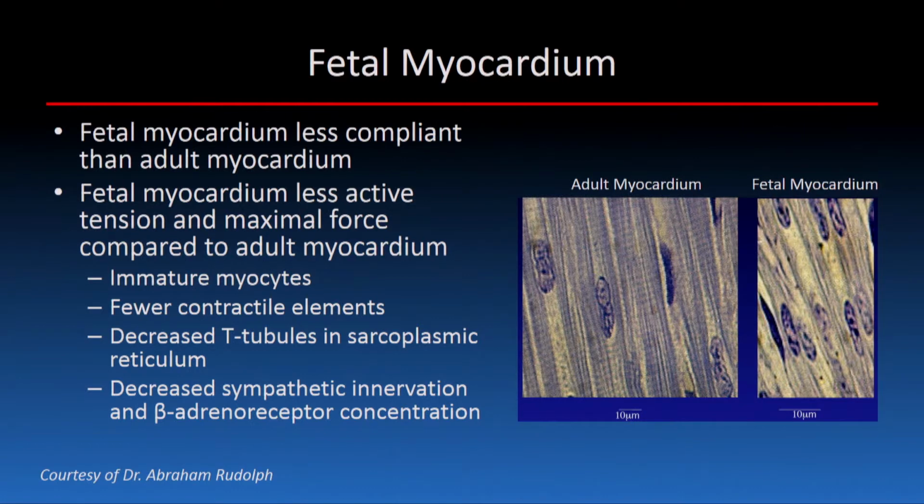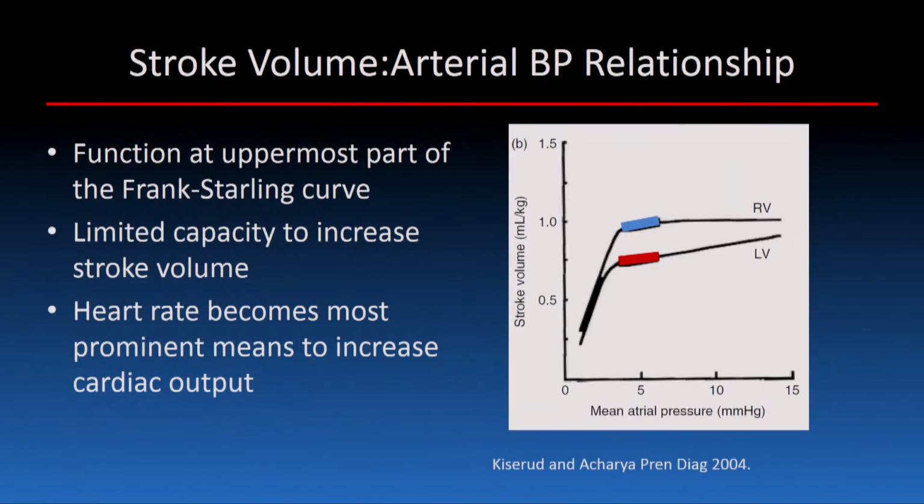Also, there are decreased T-tubules in the sarcoplasmic reticulum, making the release and storage of the calcium stores during active contraction inefficient. And then finally, there's decreased sympathetic innervation and beta-adrenoreceptor concentration, making the fetal heart less responsive to adrenergic stimulation.